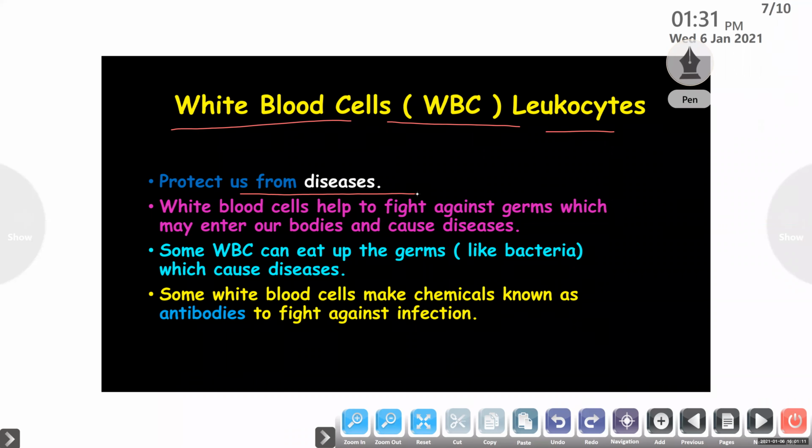So, Gokul Krishna, which component in blood protects us from diseases? Gokul, am I audible, children? Uma, which component in blood helps protect us from diseases?